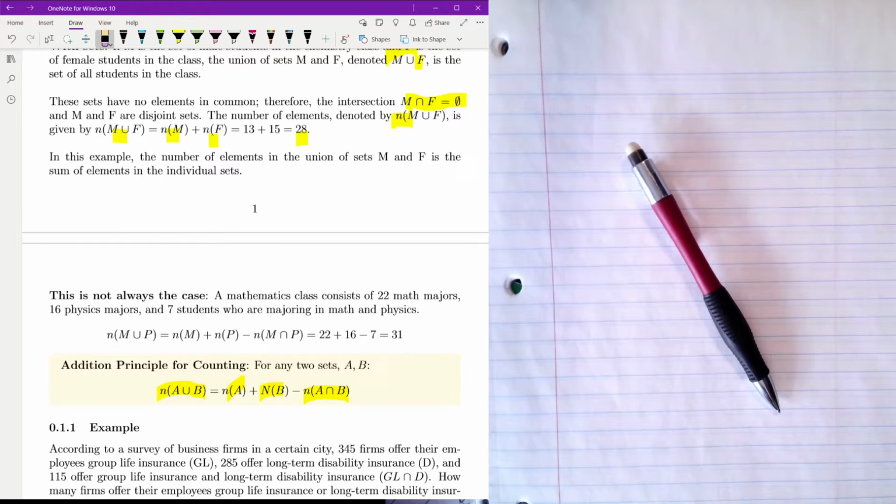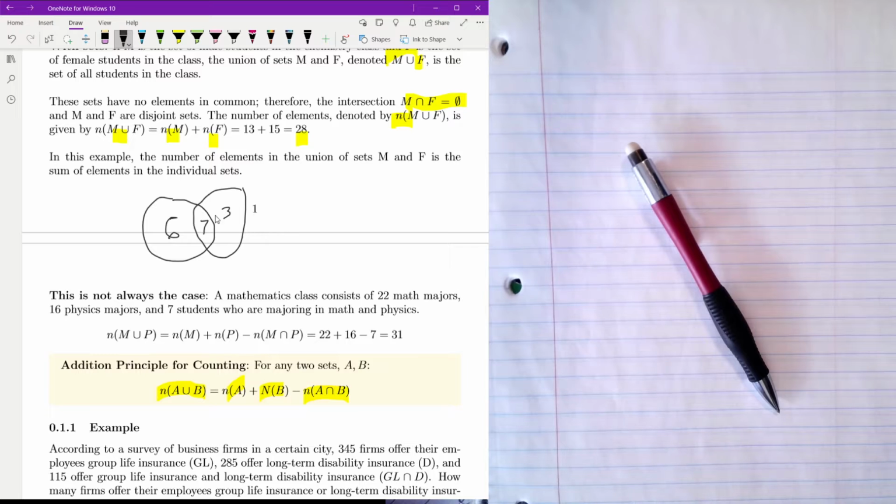Let's try it again. Now, this time I'm going to intersect them. Let's put 7, 6, and 3.